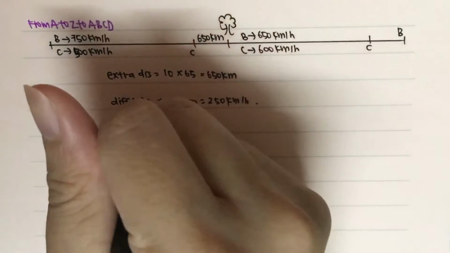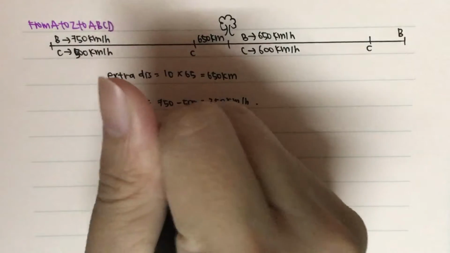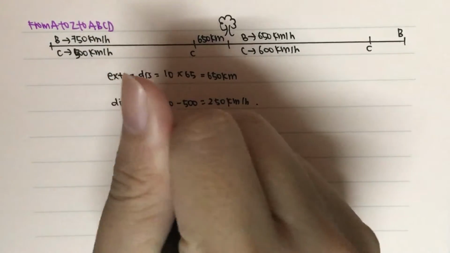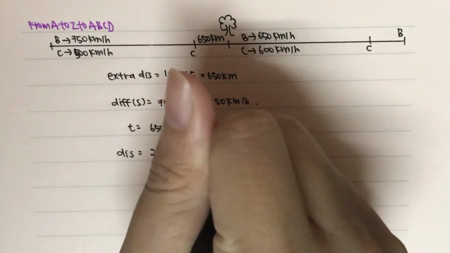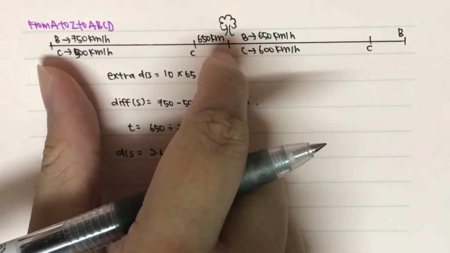Therefore, we know that half of a loop marathon, or one part of the journey, is equal to 2.6 times 750. So this is how long the one part of the marathon is.